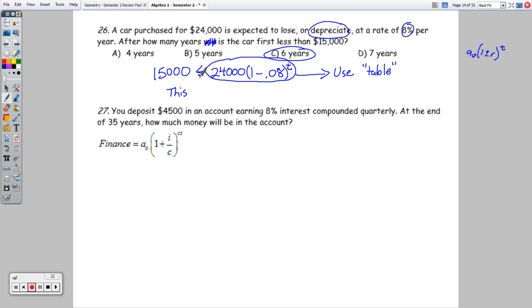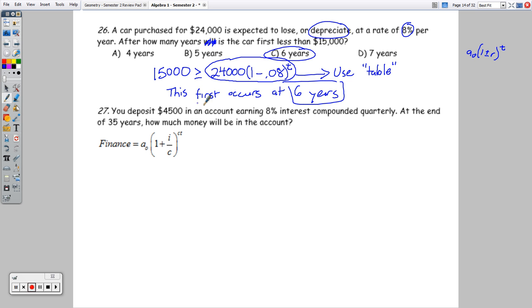Rather, I would say the 15,000 becomes greater than or equal to that. So this first occurs at 6 years. Before 6 years, it's still worth more than 15,000, but after 6 years, it becomes worth less than 15,000.